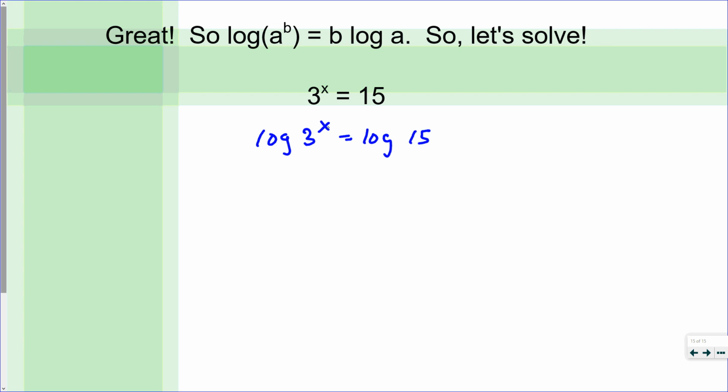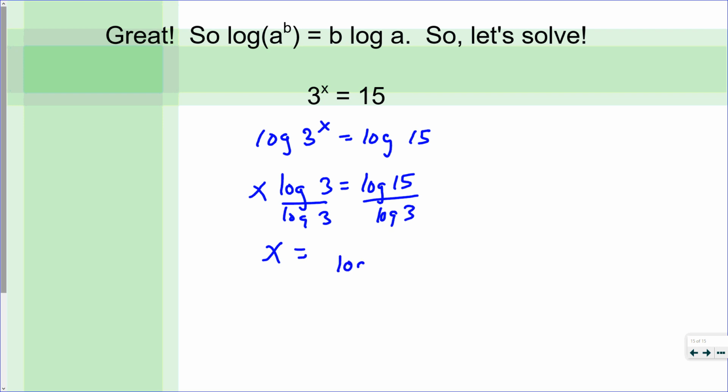But this exponent now can get shuffled over to the front thanks to this property. x log 3 equals log of 15, and now I can divide by log 3. And I get x equals log of 15 divided by log of 3.